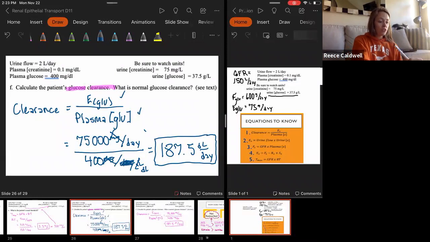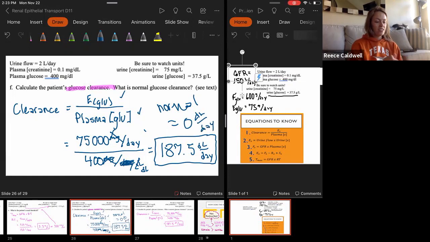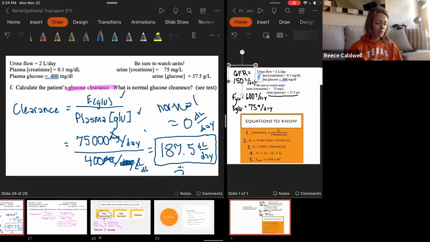So a normal glucose clearance, I'm not going to write it out because my iPad pen is just not working with me today, equals 0 deciliters per day. So this tells us that this person has some type of disease where their kidneys are not reabsorbing glucose to be used for energy.